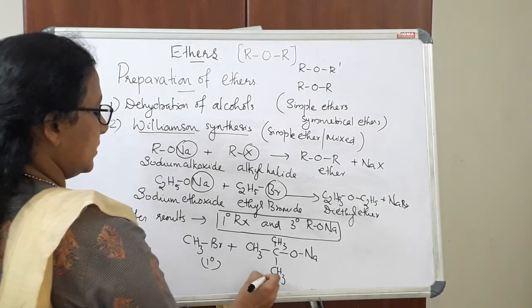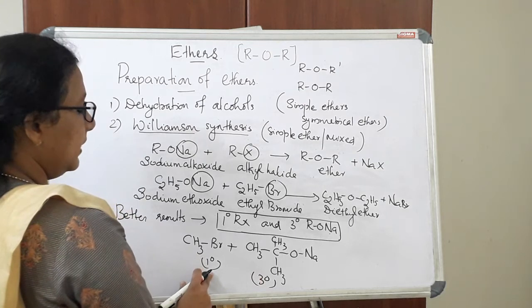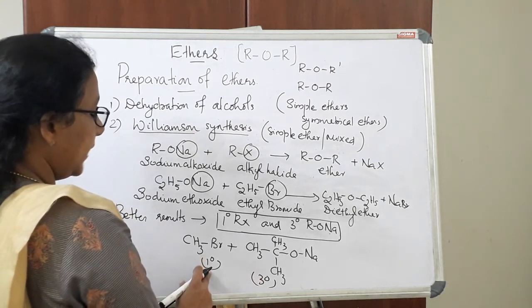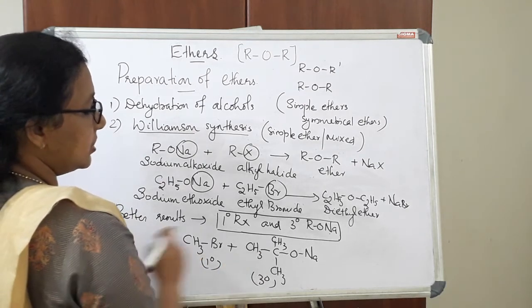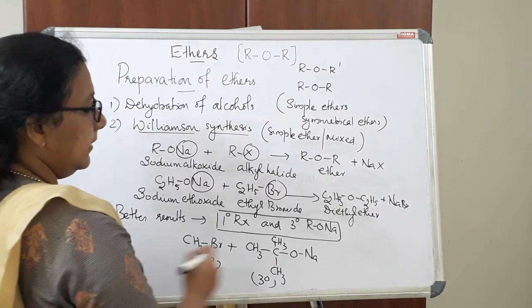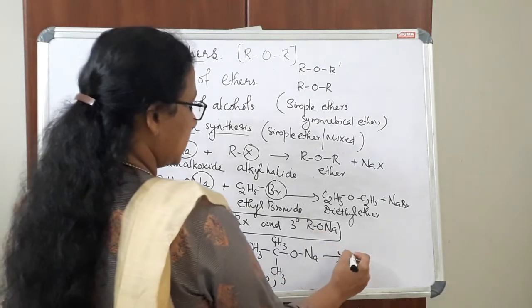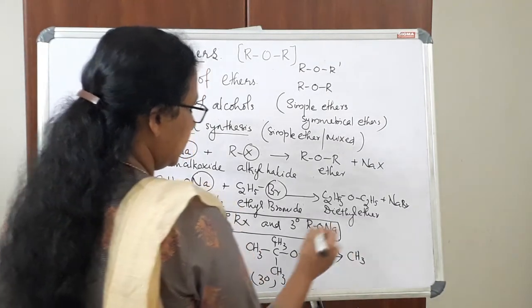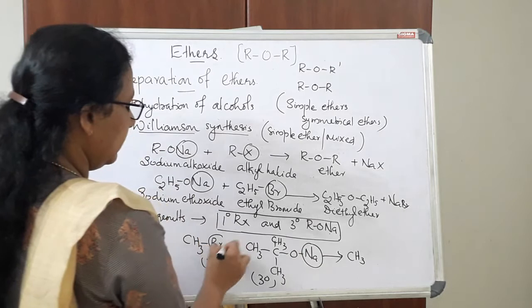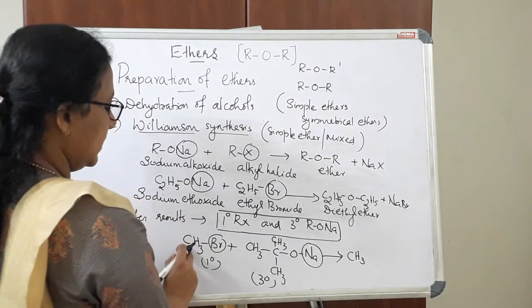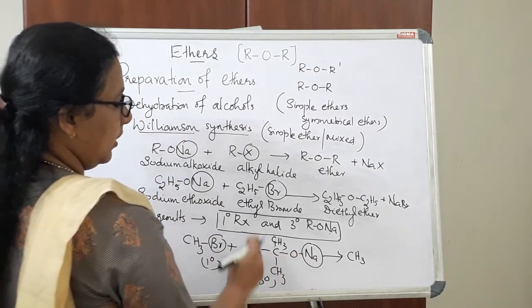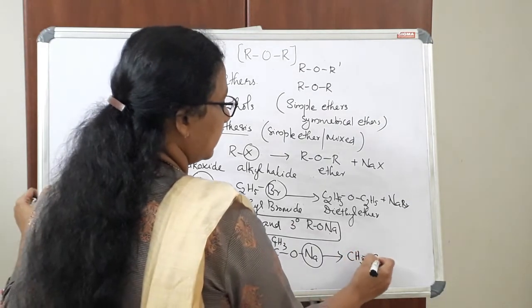If a primary alkyl halide and a tertiary alkoxide are taken, we will get the best result, and we can expect an ether here. NaBr will be eliminated and we get CH3O and then the tertiary butyl group.